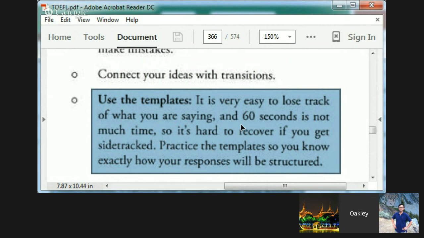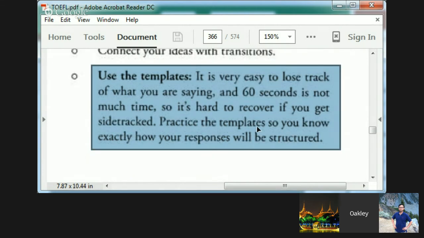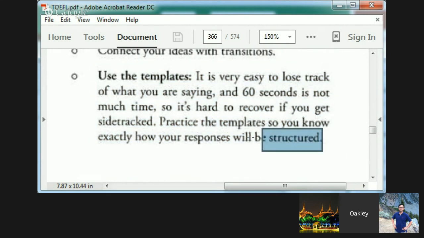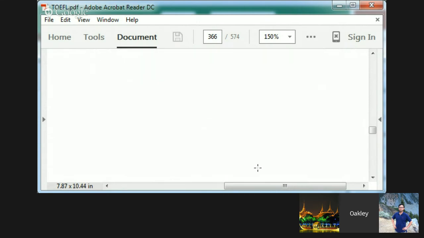Know what order you're going to say everything. The questions all follow the same format. You can follow a format in your answer. And if you have it memorized what you're going to do, it's going to make dealing with the content that much easier because you have less to worry about. And the structure of your answer is part of the scoring, so why not help out your own score?